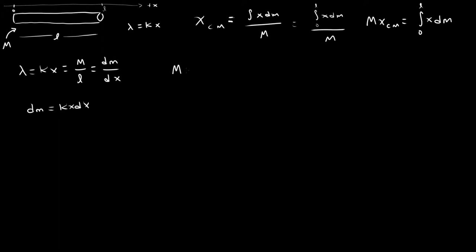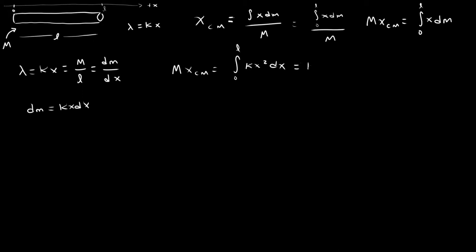So we have the total mass times the center of mass is equal to the integral from 0 to L of kx squared dx. Now this is okay because the variable of integration is a position and the integral has positions, so everything's okay. Now this integral is pretty simple.